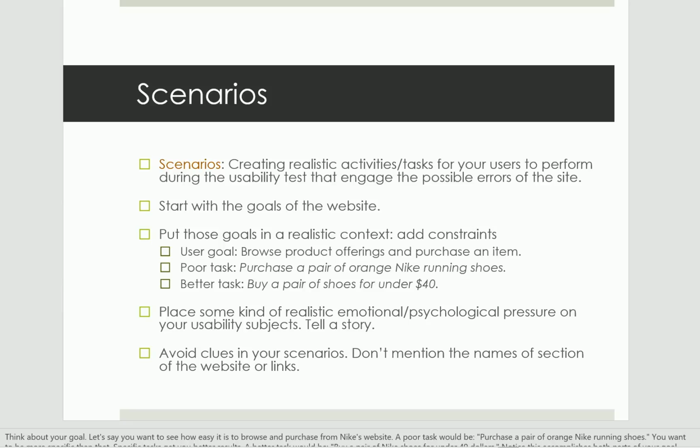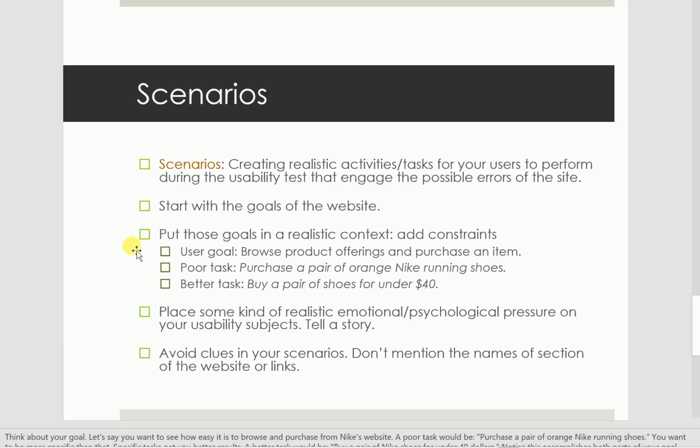What kind of design problem or flaw do you see, and do you want to confirm that in fact the website is flawed in that way that you're thinking? So let's say you want to see how easy it is to browse and purchase from Nike's website.